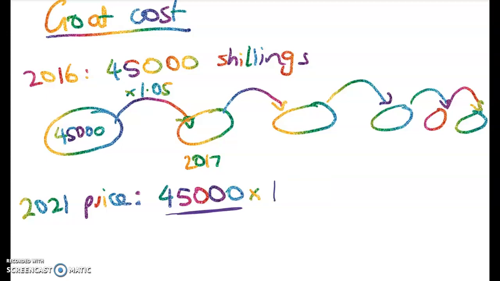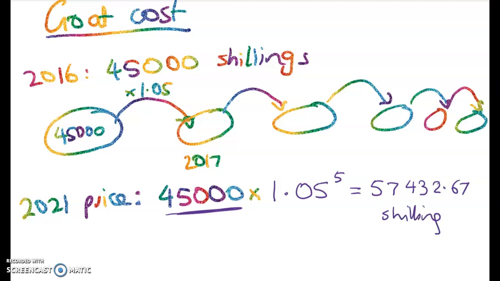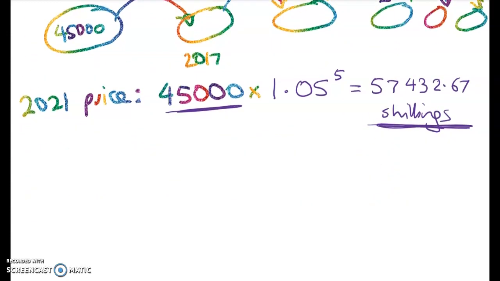So this is the original price. It's gone up by 5% every year for 5 years. So that gives me a 2021 price of 57,432.67 shillings. But this is not much use to me because my earnings were in New Zealand dollars.